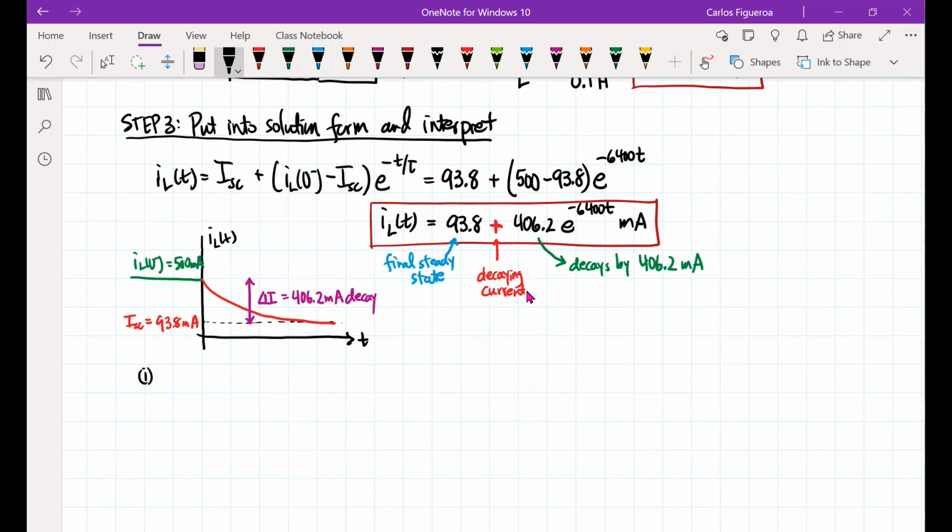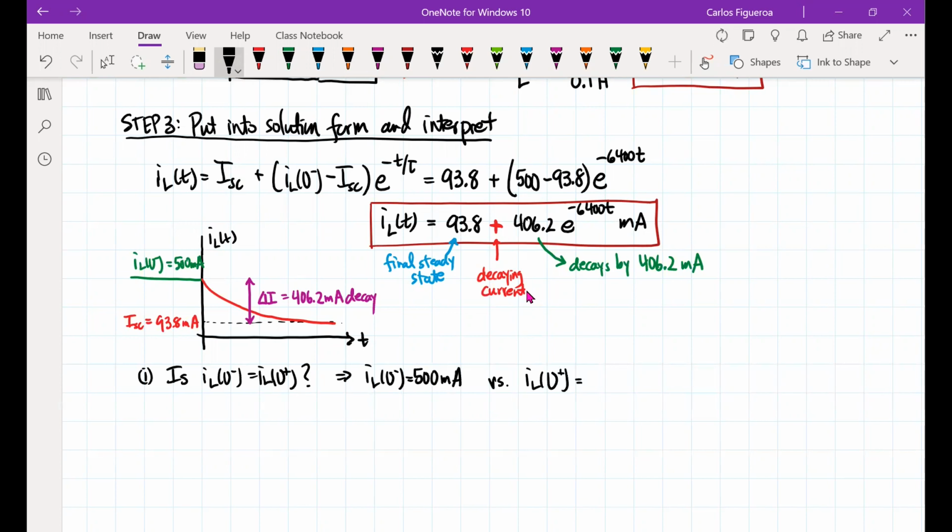So the first one I'm going to ask is, is IL of 0 minus the same as IL of 0 plus? We say it's continuous, but what does this say mathematically? Well, this tells us here that IL of 0 minus, we already calculated that from the circuit, and it's this. And then I'm going to compare this to IL of 0 plus.